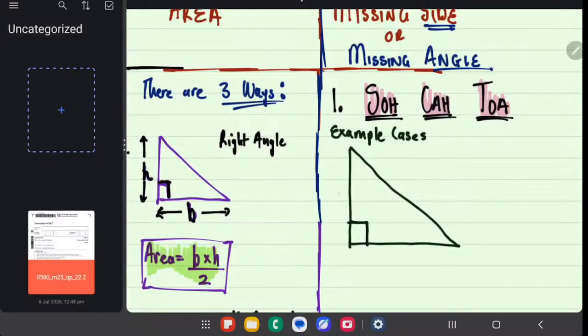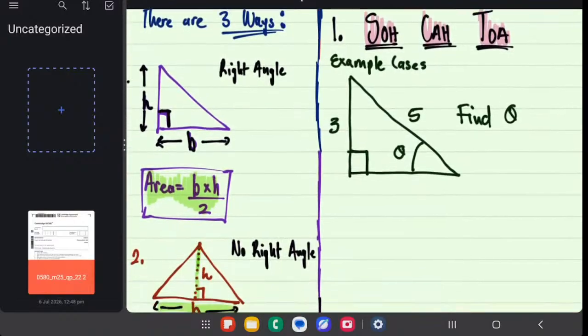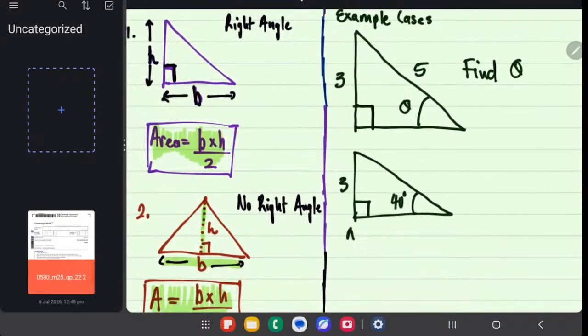Then you'll be given, this is 3, this is 5, this is theta, and it says find theta. Or you'll be given this is 3, this is 40 degrees, A, B, C. Then they'll say find AC.